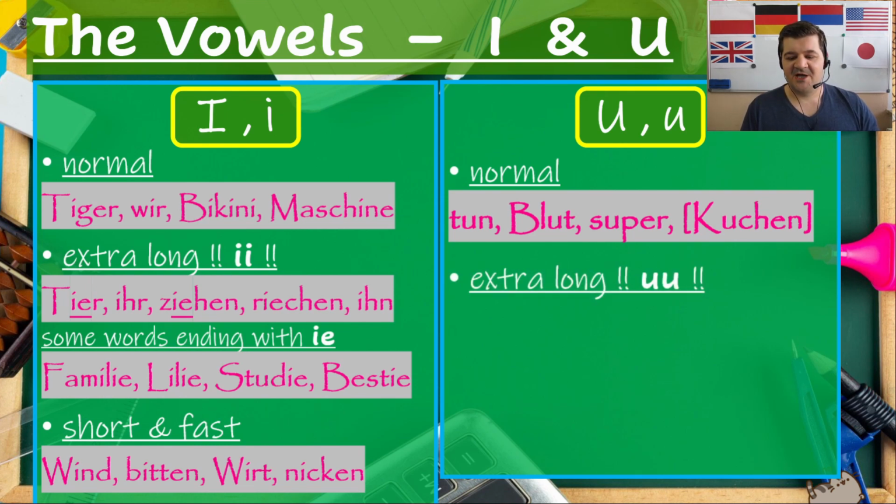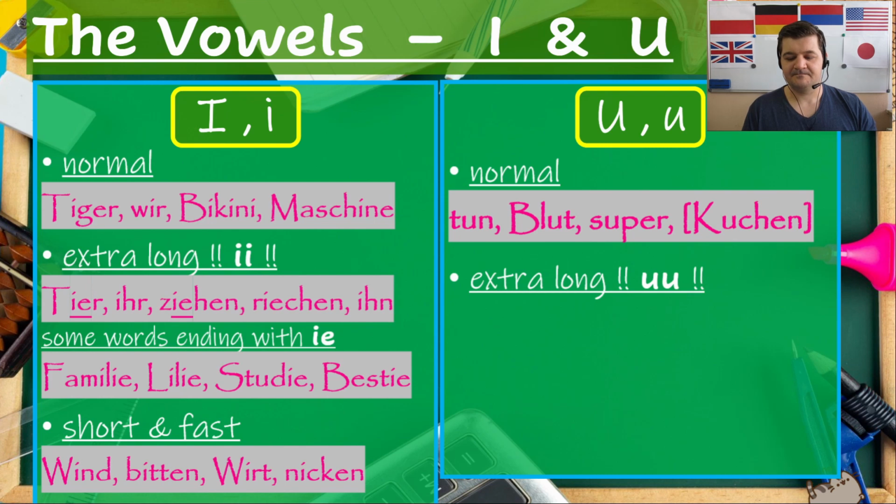Again, just like for double E, there's also for double U the thing that there are only words which are derived from Latin language or put together by grammatics that you could have a double U inside a word. But again, just like with double E, they wouldn't be pronounced like a long version of U, they would be pronounced separated. So oo, just like you would separately pronounce the double E, not as a long one sound.